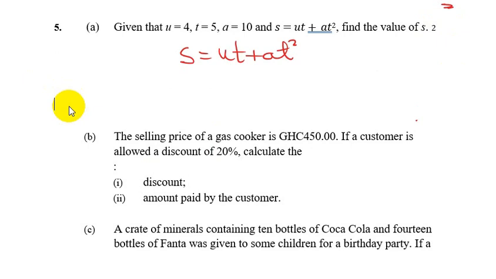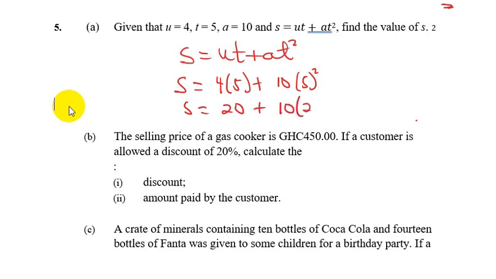Now we are given u to be 4, t to be 5, and a to be 10. So let's substitute. We get s equals u, which is 4, multiplying t, that is 5, plus a, that is 10, then t is again 5 squared. So we are going to get s equals 20 plus 10 times 25, because 5 squared is 25, right?